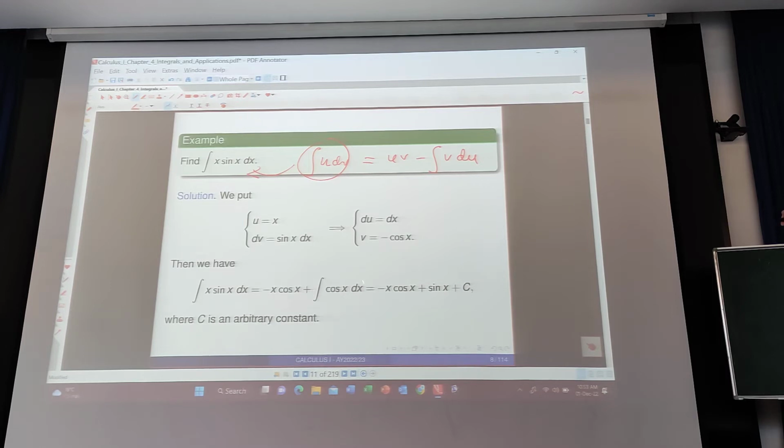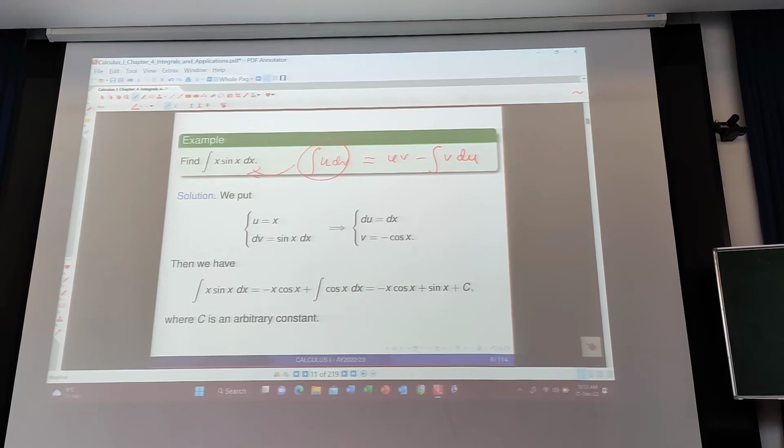And that one, very easy to compute. Very standard. This is sine x. So you can change a very difficult to compute integral into an easy one and get the answer.